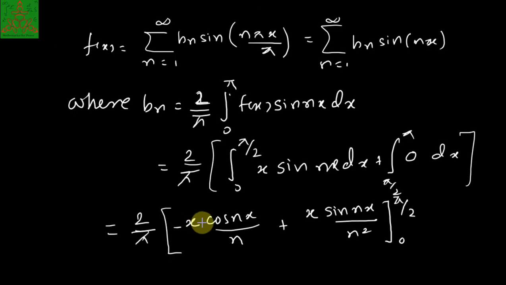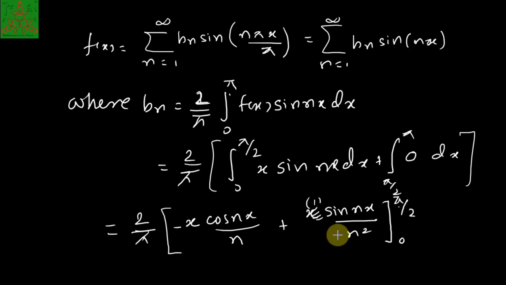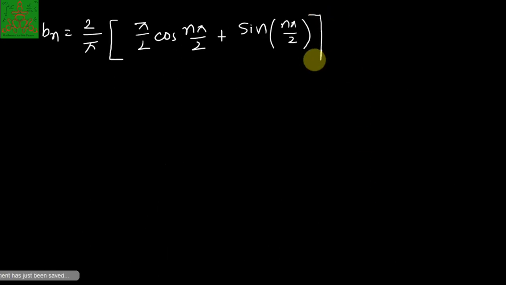So you will have bn will be 2 by pi, pi by 2 into cos n pi by 2 plus, substitute pi by 2 here, this will become 1 because the derivative of x is 1. So that's why it is 1. Sine n pi by 2 we cannot say it is 0, neither is cos n pi by 2 0. We cannot say that. And I substitute 0 here, 0 into anything is 0, and sine 0 is 0. So that's why we have 0. So we have bn in this.